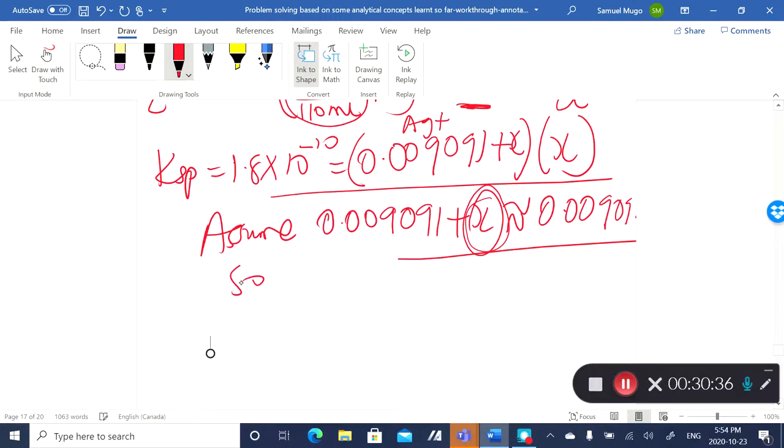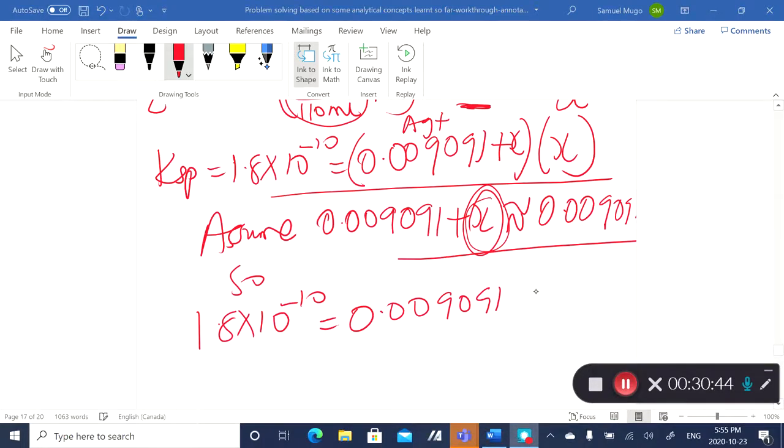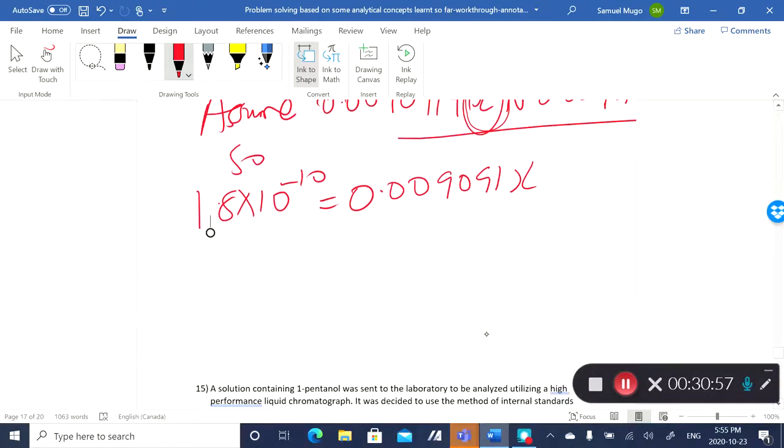And so 1.8 times 10 to the power of negative 10 is going to be equal to 0.09091x. Because if we neglect this and expand it, you're going to get that. And so when you solve for x, you're going to find x is equal to 0.0001407 molar.